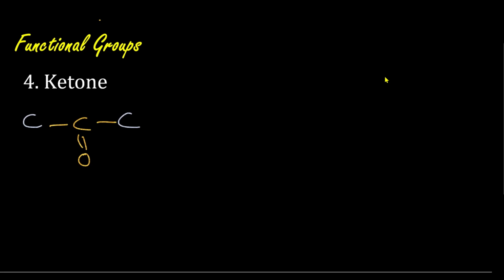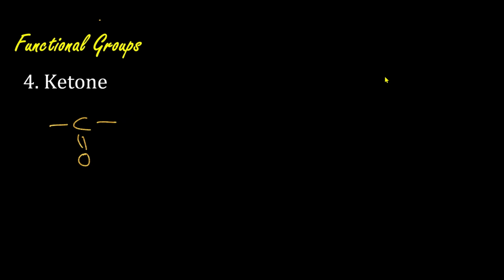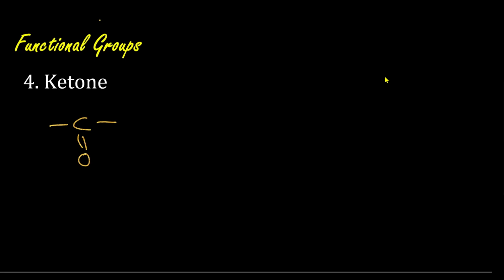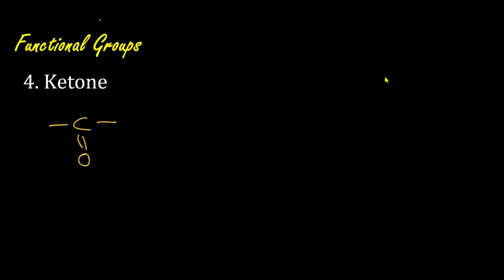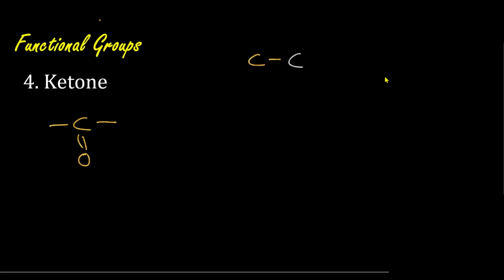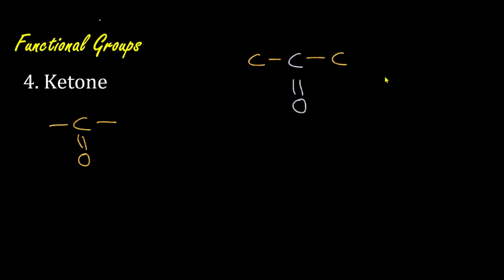Unlike alcohol, it cannot join at the end. So for a ketone to be formed, the minimum number of carbon atoms is 3. That's why its first member will start with 3 carbon atoms.